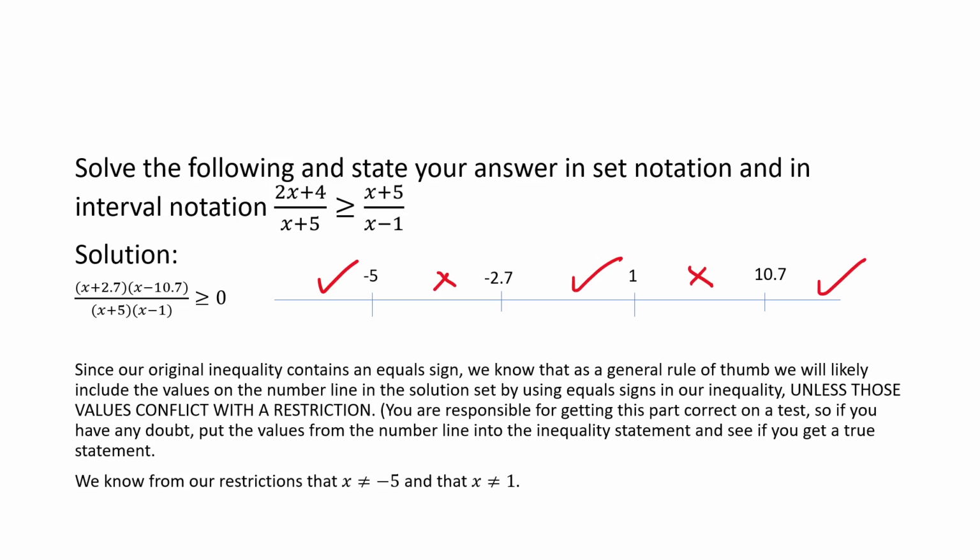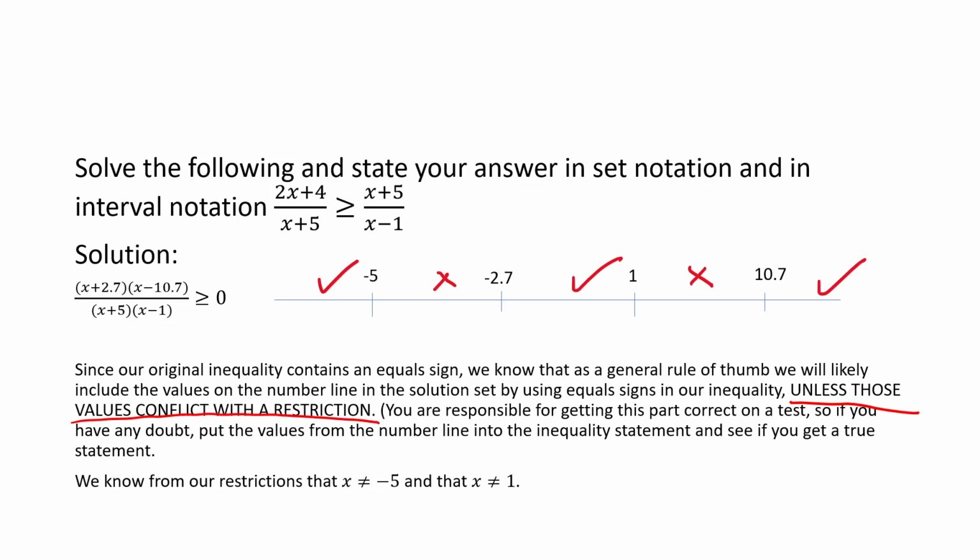Now, since our original inequality contains an equal sign, as a general rule of thumb, we'll likely include those values on the number line in the solution set by using the equal sign in our inequality, unless they conflict with a restriction.